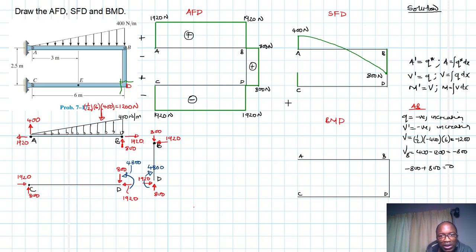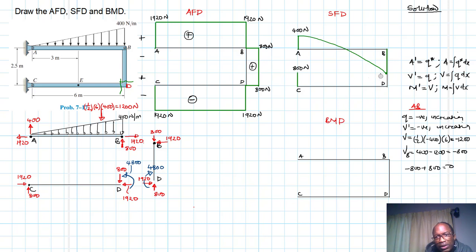We have initialized our shear diagram. This is 800 positive. And then later on, this is going to move going this side. How will it move? Of course, it will go like so. There, like so. Okay, I need to move this.